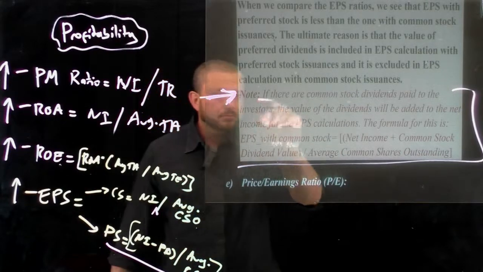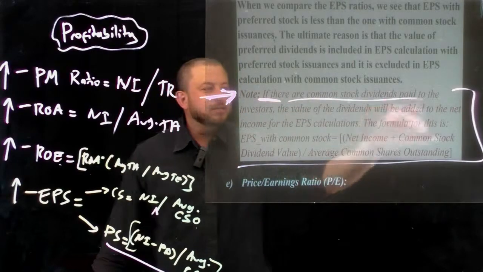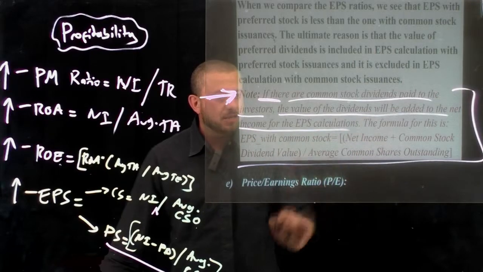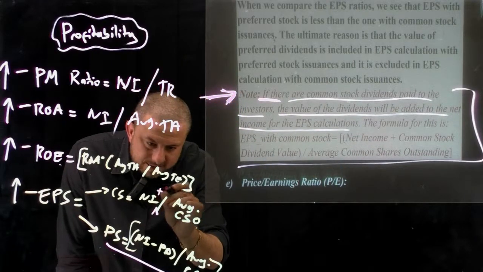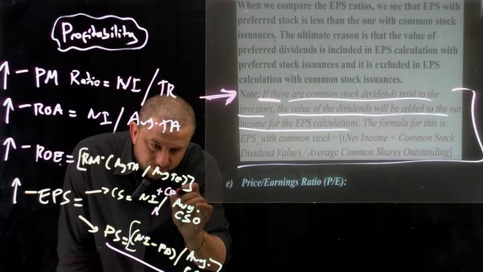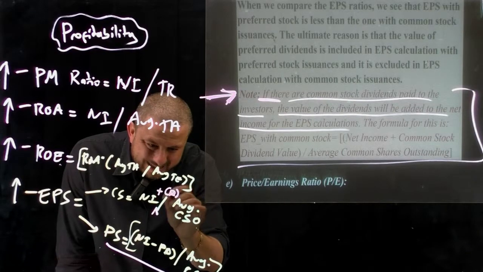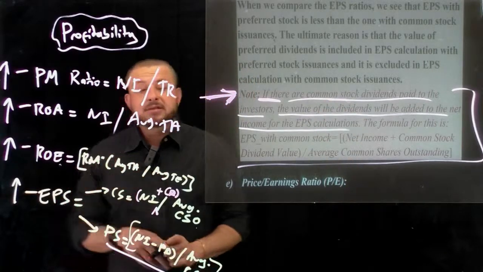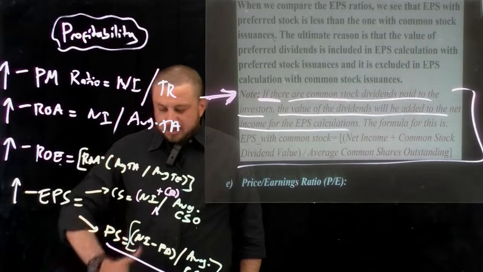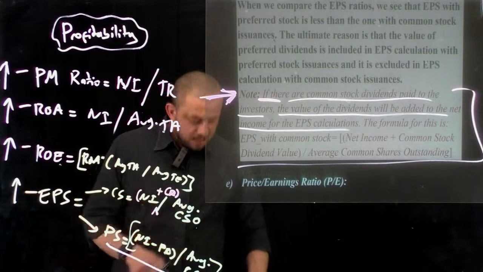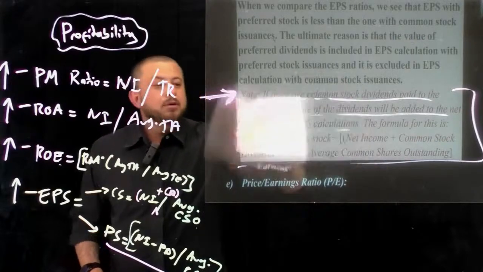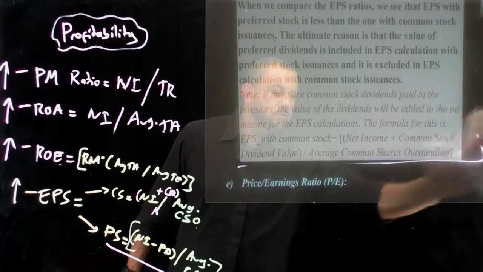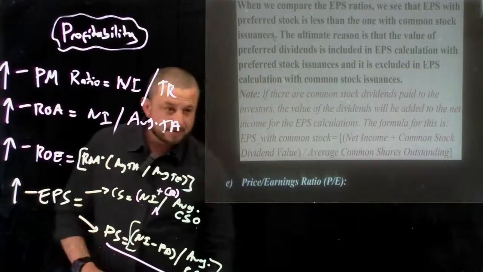If there are common stock dividends paid to the investors, the value of dividends will be added to the net income for the EPS calculations. So it will be plus common dividends, CD, over here. Only if the company pays the common stock dividends will the amount be added to the net income. Let me clean my screen. Therefore, my equation will look just like this.